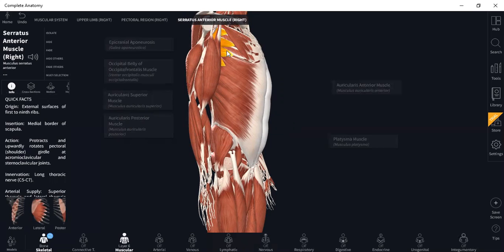Serratus anterior will also move the scapula forward. Serratus anterior are these other feather-like muscles that sit directly underneath pectoralis minor.